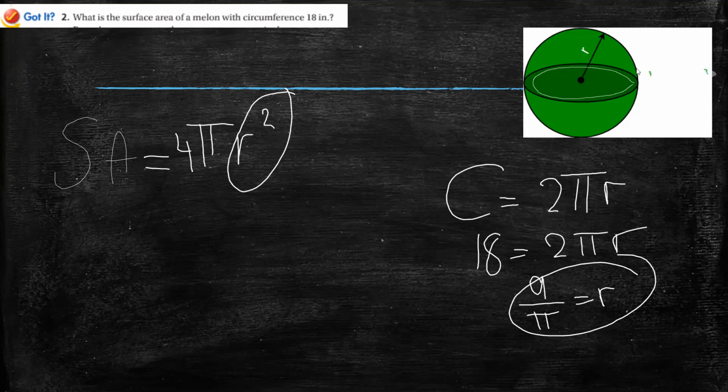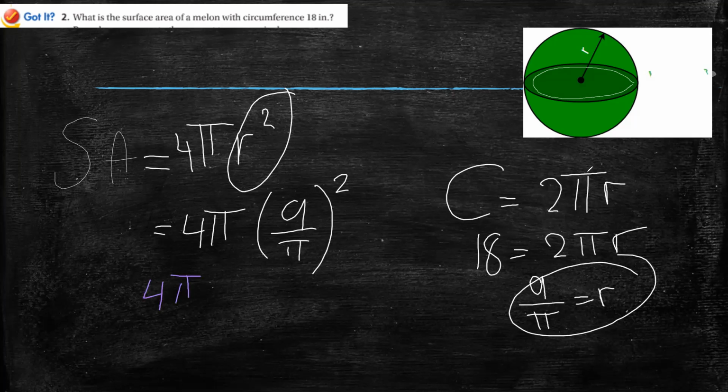So I found the radius. Let's evaluate it now. 4π, and we know that r is 9 over pi, so r squared is 9 over pi, squared. 4π times 9 squared over pi squared.